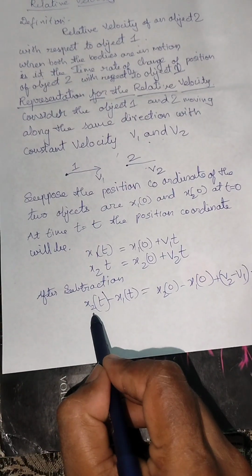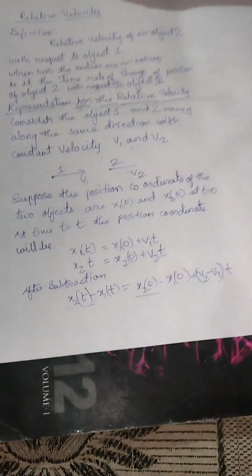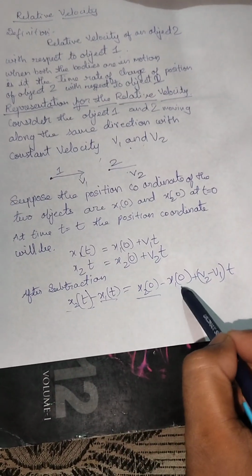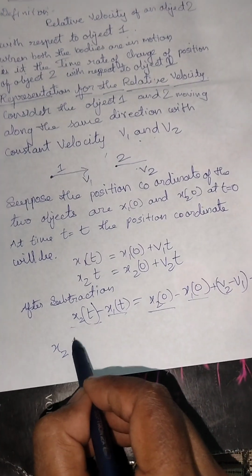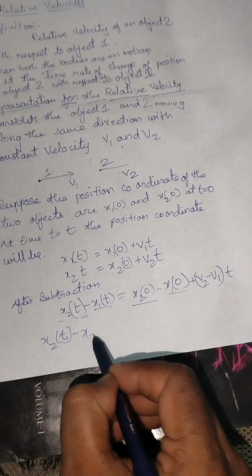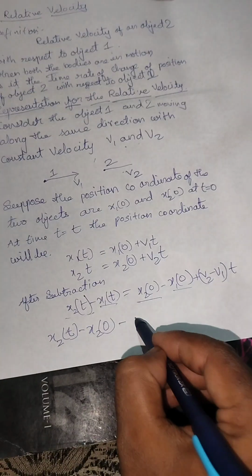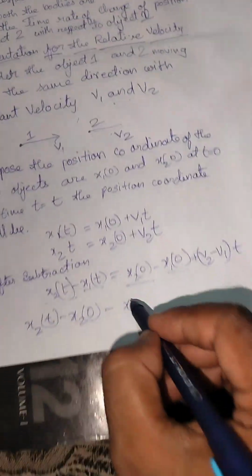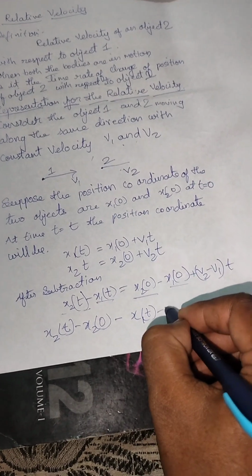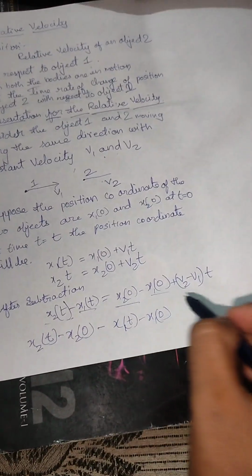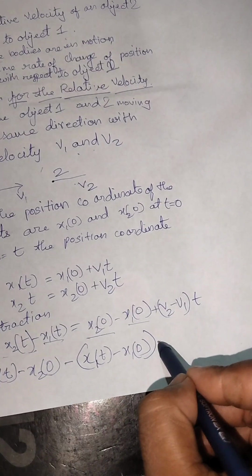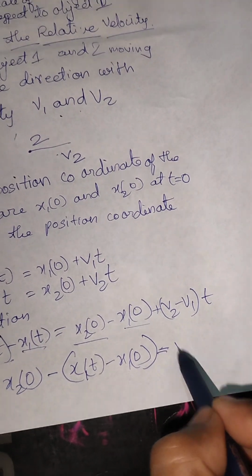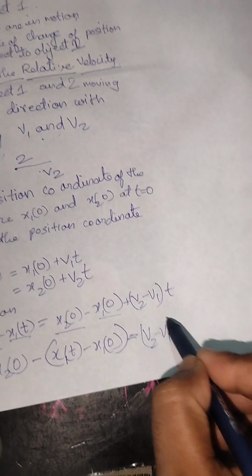Since we can rearrange the second term with the second velocity and the first term with the first velocity, we can write x2t minus x20, minus the bracket x1t minus x10, equals v2 minus v1 into t.